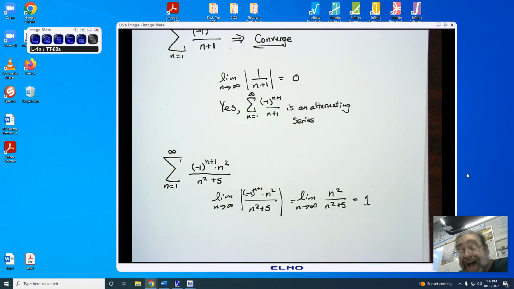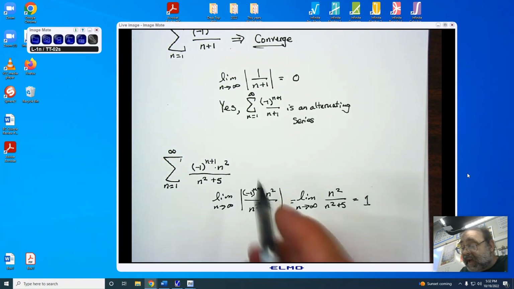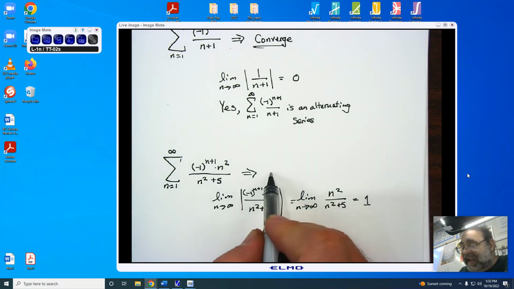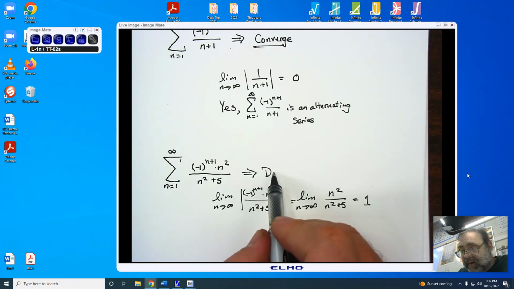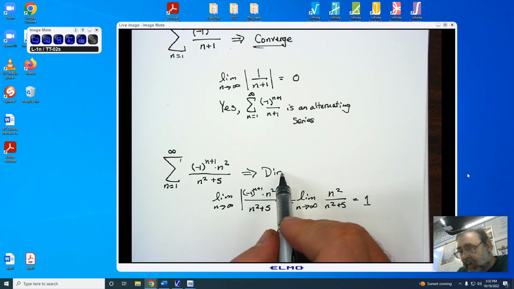Since this does not equal 0, the series has to diverge. And I don't even get to the point where I can check, is it an alternating series? Divergent is now what I have.